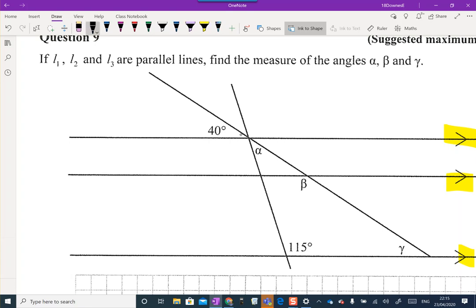Okay, so alpha, be careful actually, alpha would be opposite that, so I don't know what alpha is. I know something corresponds to 115, and that's here, because they're in corresponding places of where a transversal cuts across parallel lines.